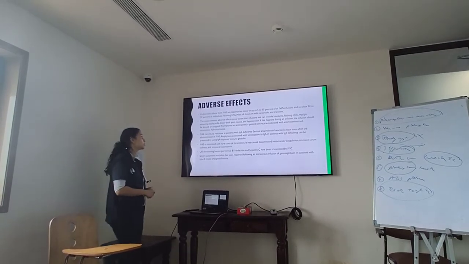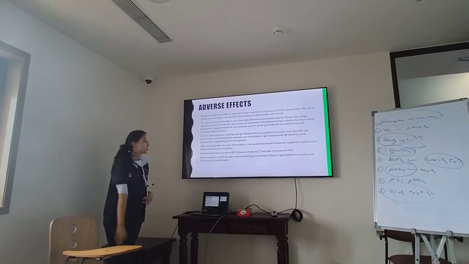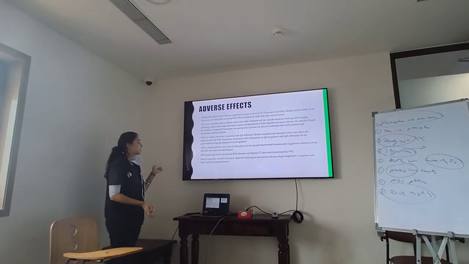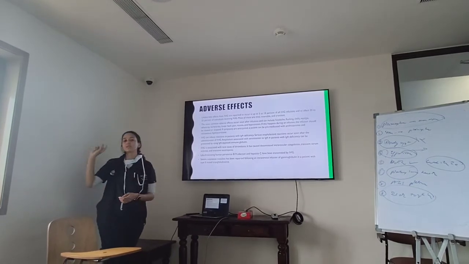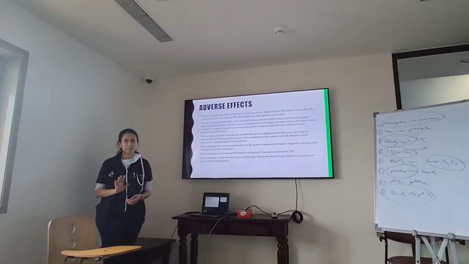IVIG is also associated with rare cases of thrombosis. It can cause DIC, transient serum sickness or transient neutropenia. In some cases it's also associated with causing stroke.